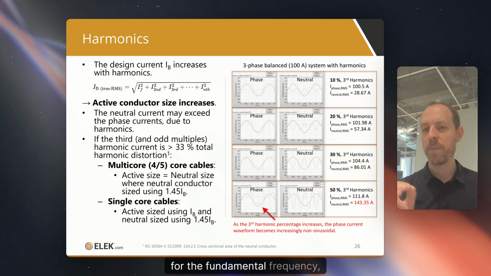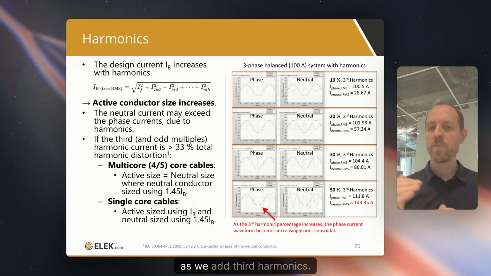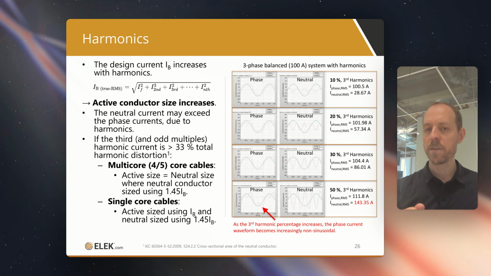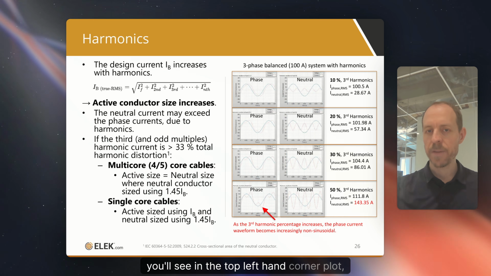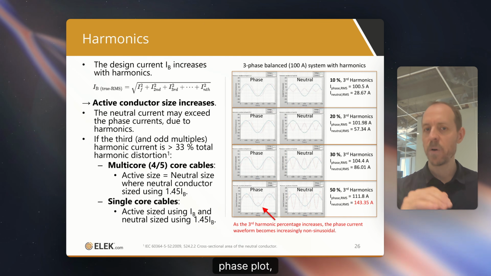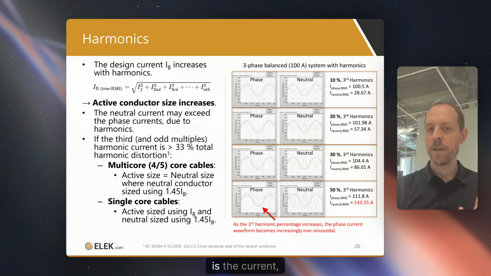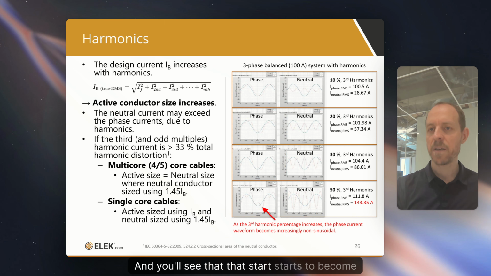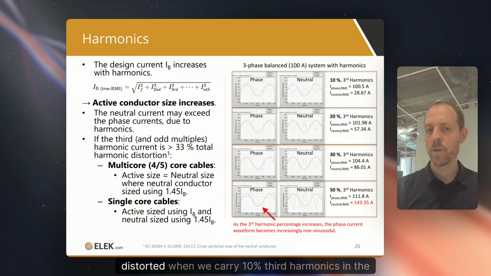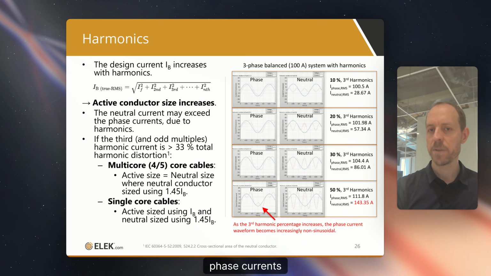That's for the fundamental frequency, 50 hertz, for example. As we add third harmonics, starting at 10%, you'll see in the top left-hand corner phase plot the red and the blue. The red is the phase current, and you'll see that it starts to become distorted when we're carrying 10% third harmonics in the phase currents.